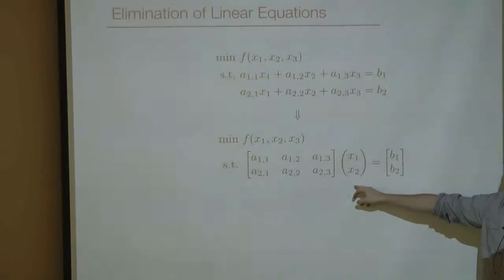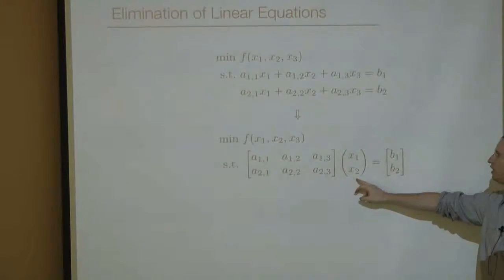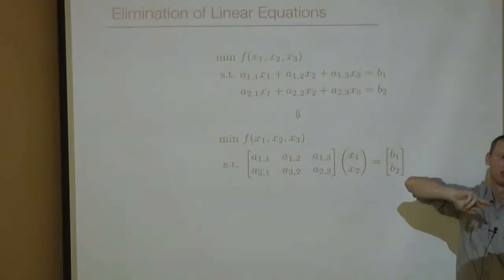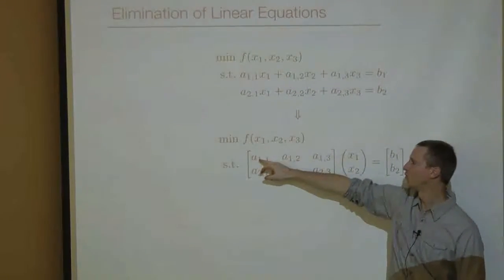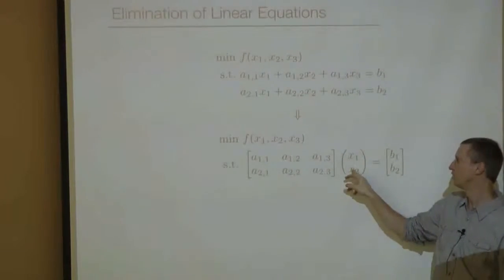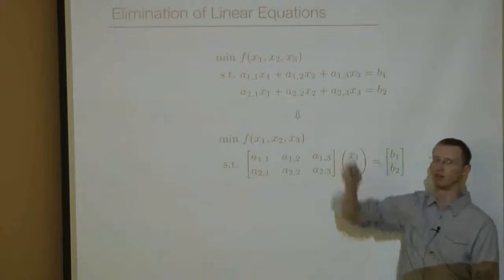So we are deriving a compact matrix formulation of the constraints. We are essentially separating the decision variables from the corresponding multipliers. Okay? So here, if this is x1, x2, and x3, then the first row is just this term times this one plus this one times that one plus this one times x3, which is exactly the left-hand side of the first constraint.